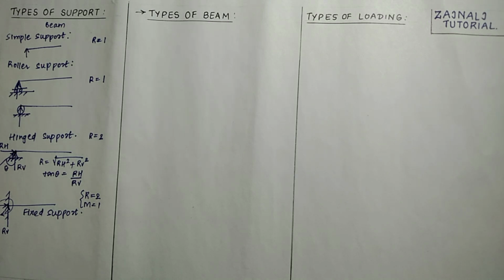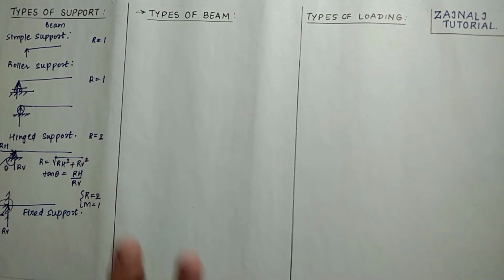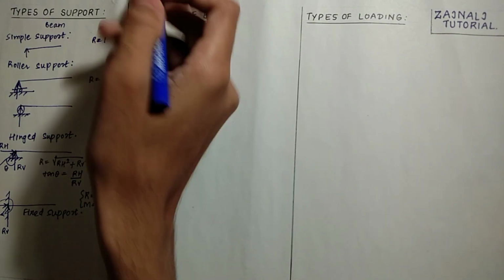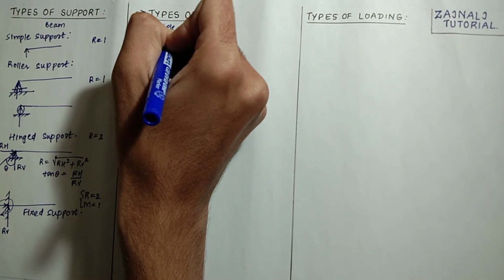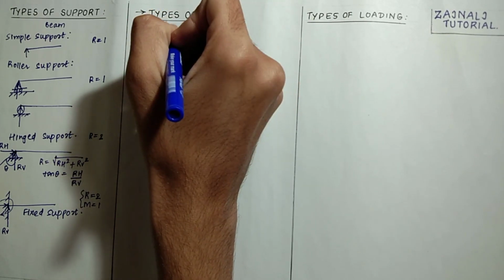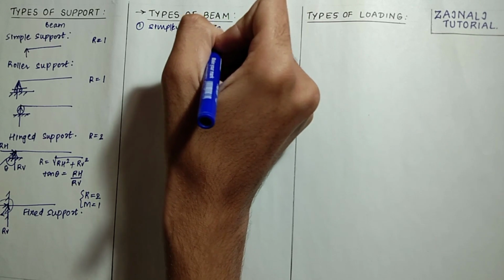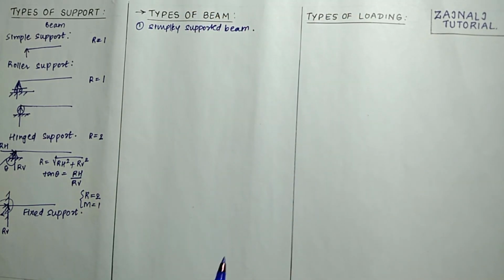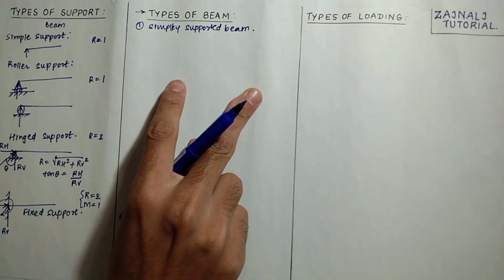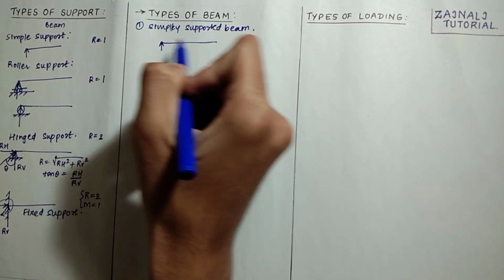Okay. Now the different types of beams. These different types of beams are determined on the basis of the different types of supports only. The first type of beam is the simply supported beam. In this beam, both the ends of the beam are simply supported.